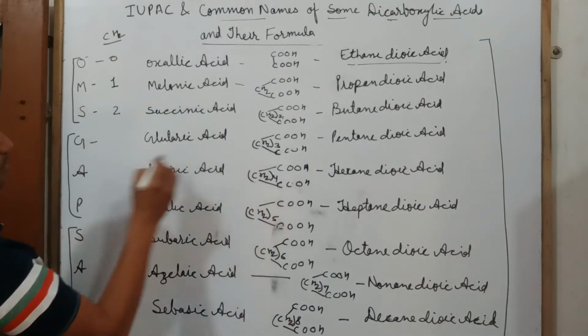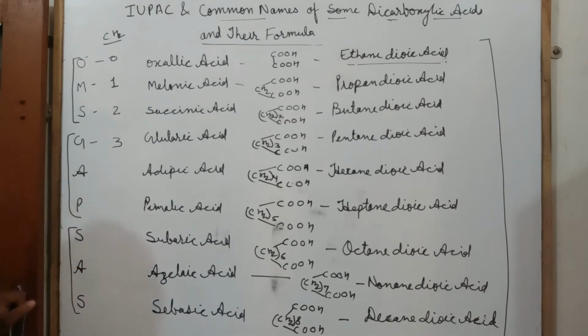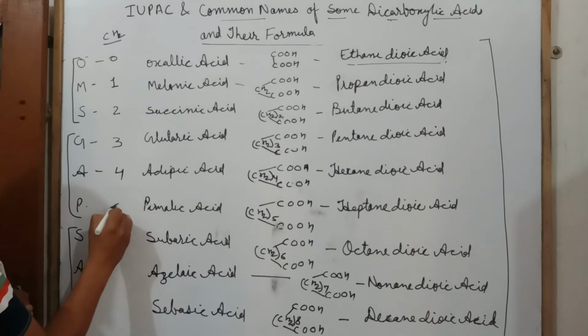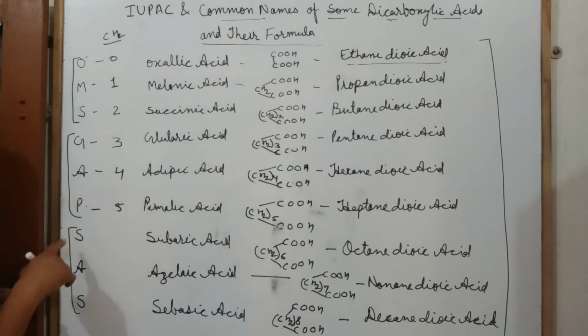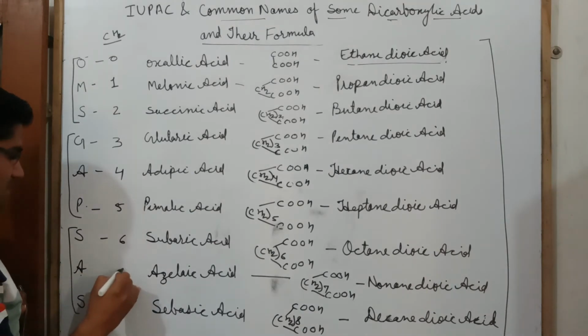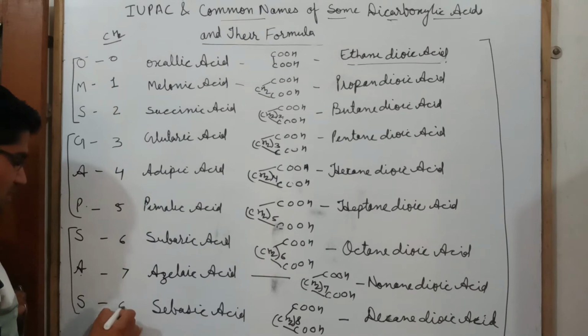In glutaric acid, 3. In adipic acid, 4. In pimelic, 5. Likewise, in suberic 6, azelaic 7, and sebacic acid, the number of CH2 is 8.